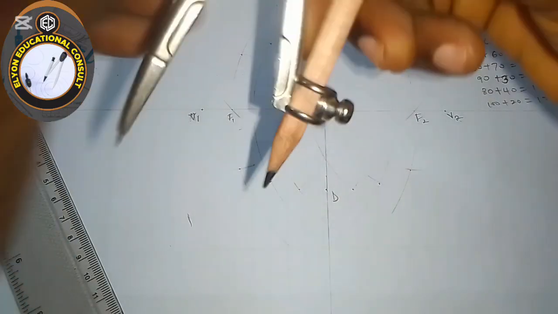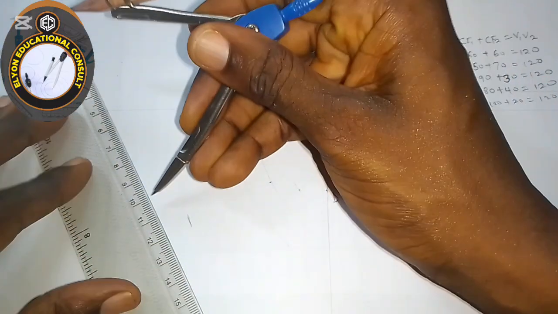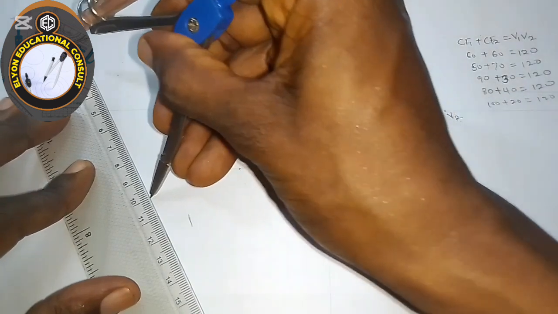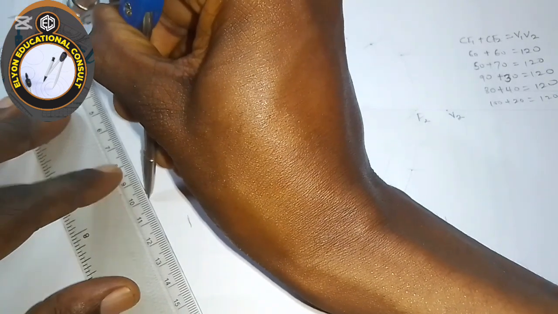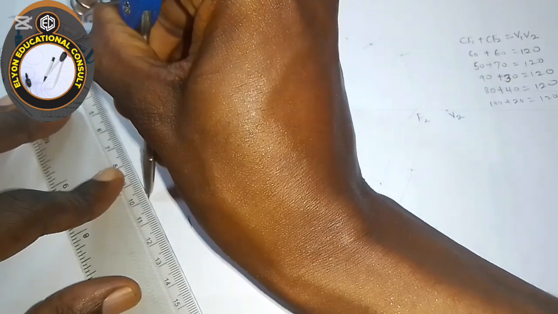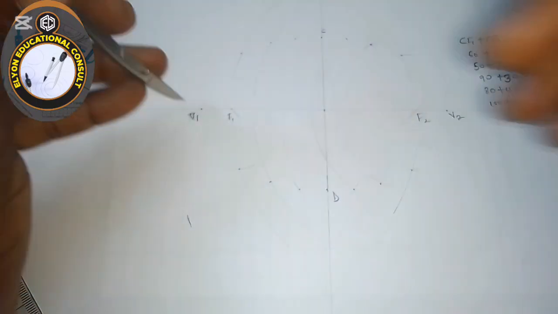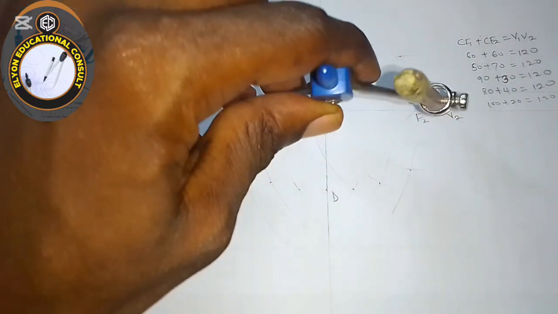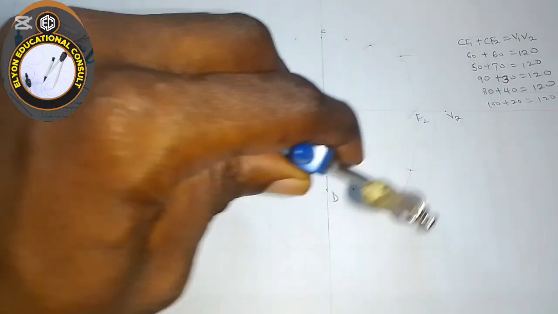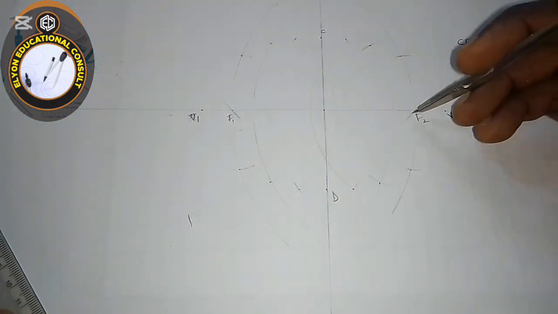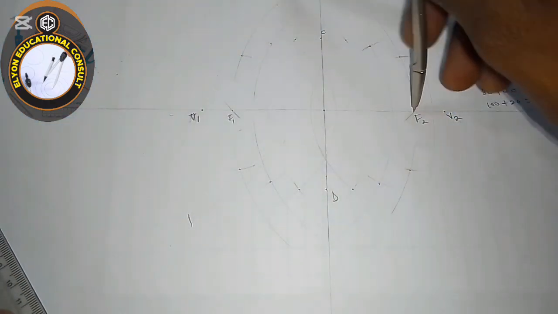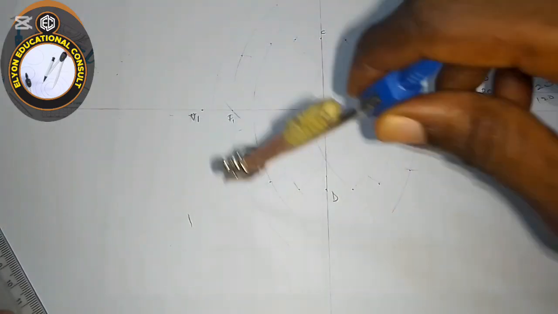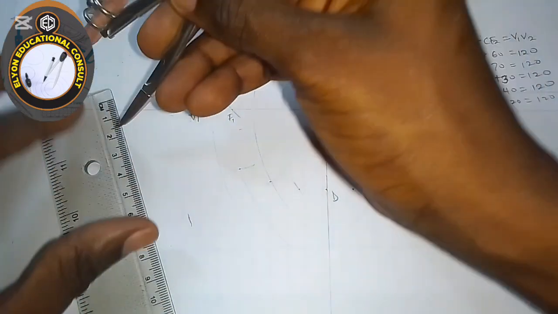Then 100 plus 20. This is 100. Place it on the focal point and strike the arc like that, on both sides. Then 20 now.